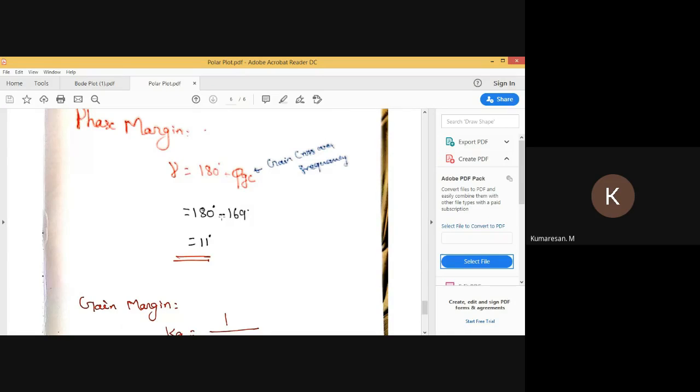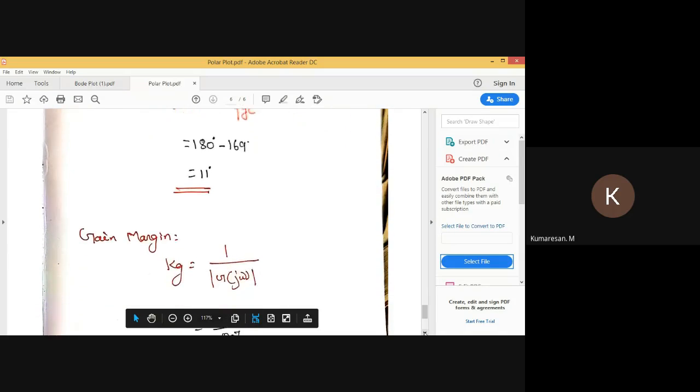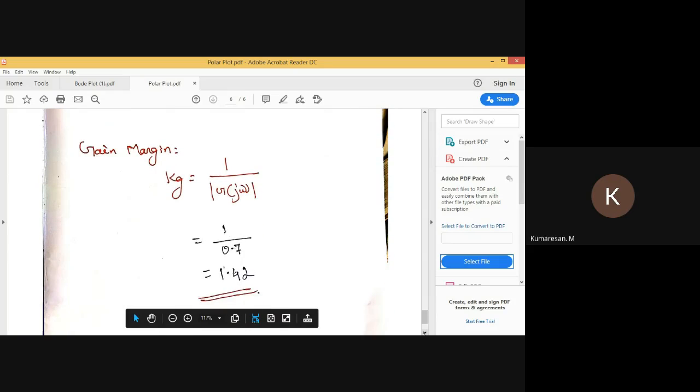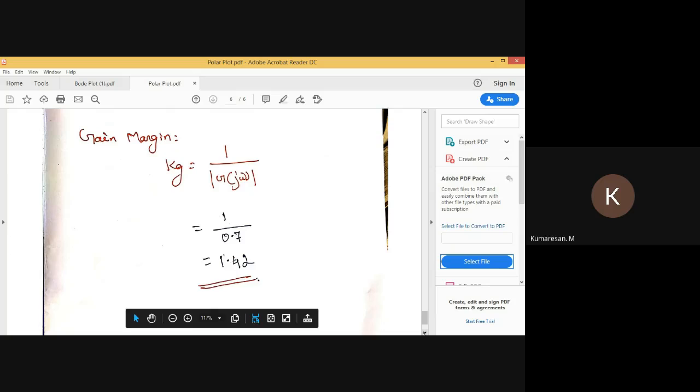Gain margin Kg equals 1 divided by the magnitude of G(jω). We take the magnitude at the phase angle minus 180 degree, where it is cut by the polar plot. From that point we measure the magnitude value towards 0. From 0 to that cutting point we get 0.7.